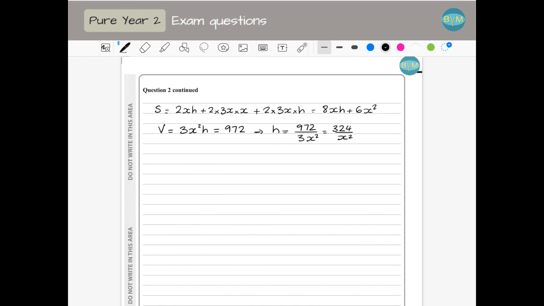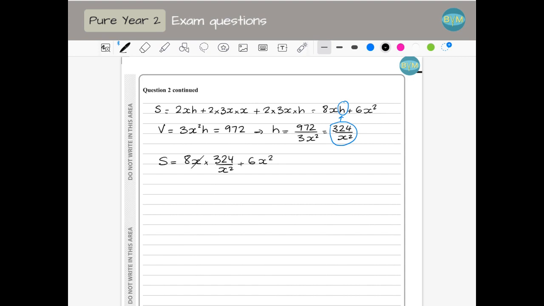And what I'm going to do is substitute this h by this value in terms of x. So my surface area is going to be 8x times 324 divided by x squared plus 6x squared.